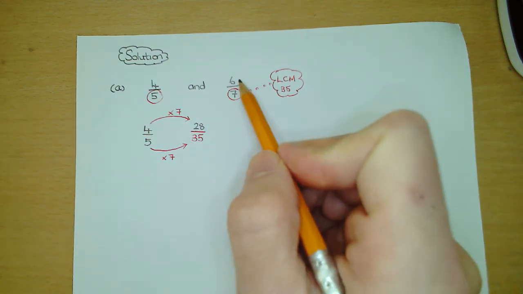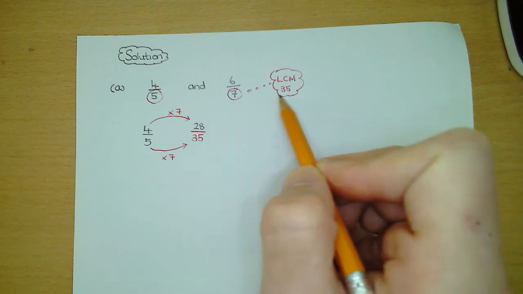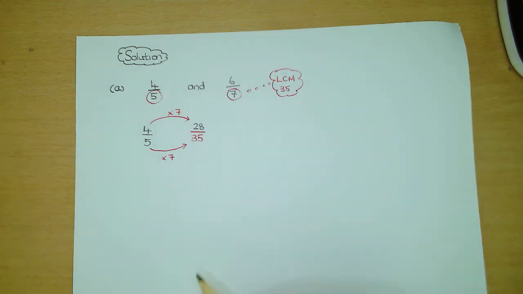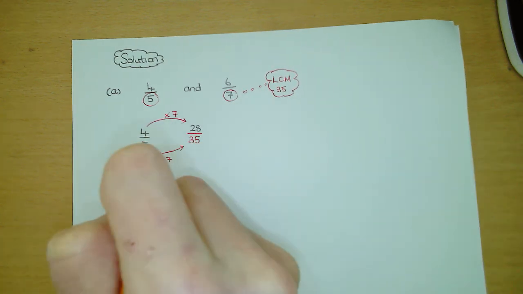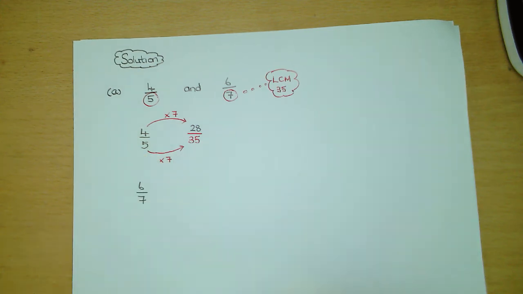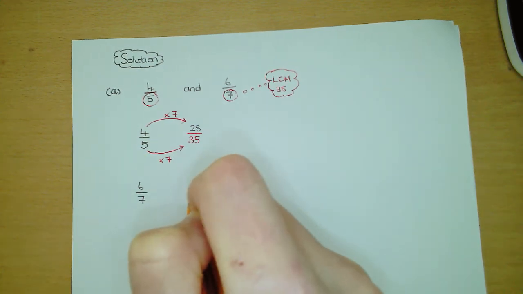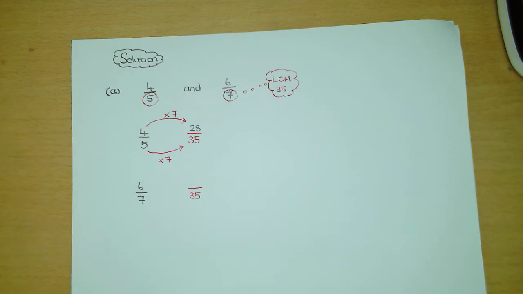I'm now going to do exactly the same with 6/7. We're going to turn it into an equivalent fraction with a denominator of 35. So we've got 6/7. So again, start with the denominators in each fraction because you know them.